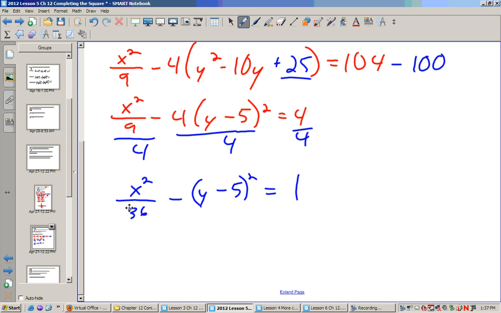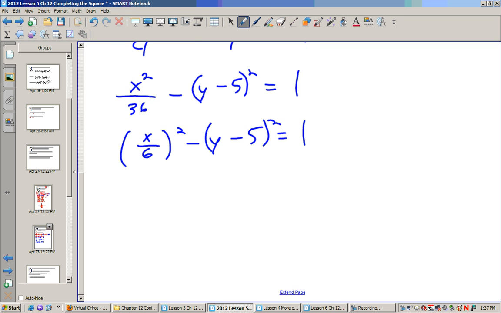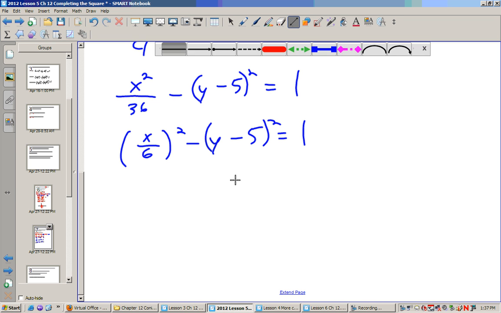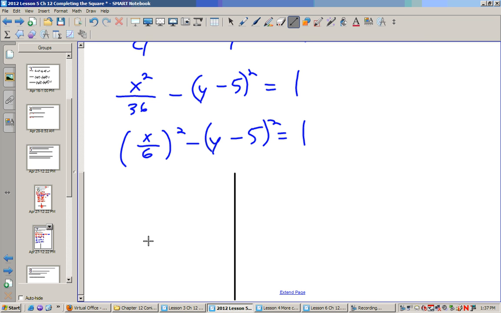Now if I want to put this denominator in the square, this would be x over 6 squared minus y minus 5 squared is equal to 1. Now I have my hyperbola in standard form, so now I can draw this out. I don't move it to the left or right, but I do move it up 5. 1, 2, 3, 4, 5.